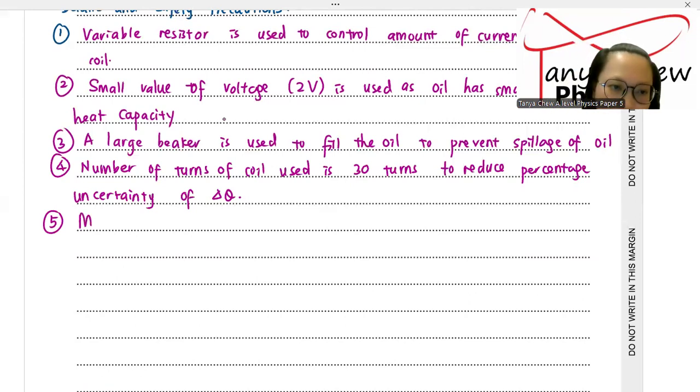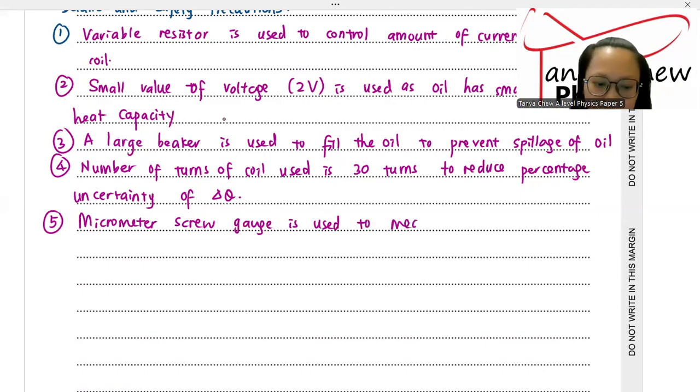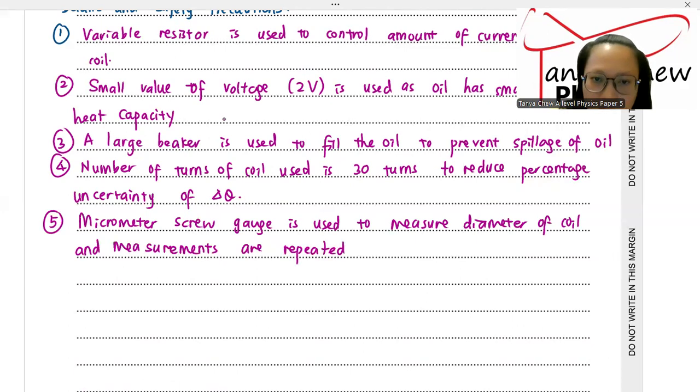So I say micrometer screw gauge is used to measure diameter of coil, and measurements are repeated along the coil and averaged.